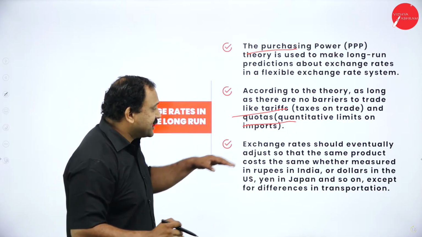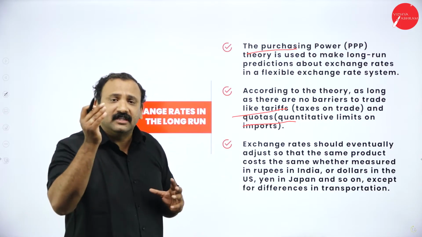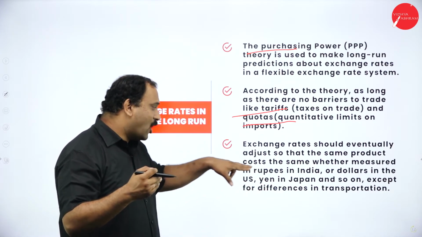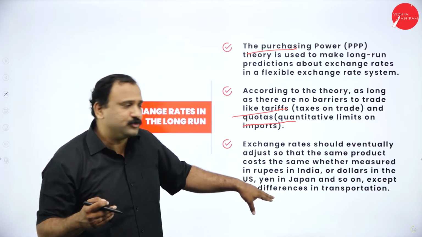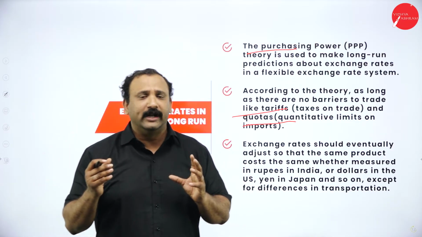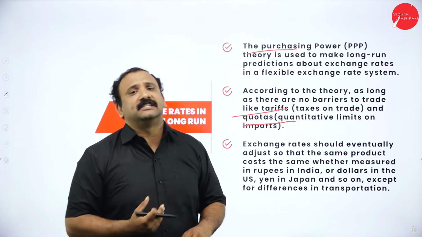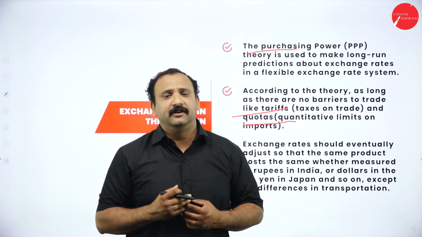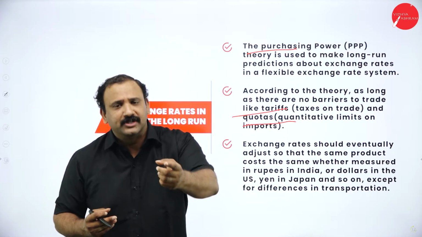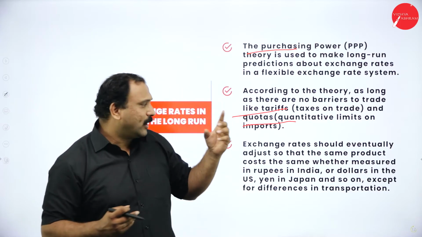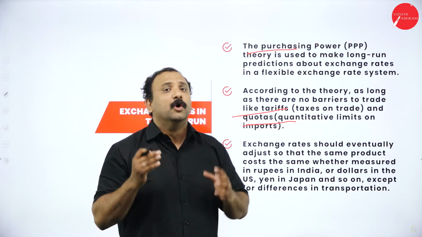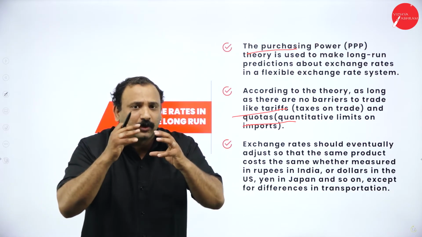Next, the exchange rate should eventually adjust on the same product, because whether you measure the product in India, in dollars, or in Japan using yen, except for the difference of transportation which is not included, almost the price will be the same. Now what I am trying to tell here is that whether you buy the product in India, in the US, or in Japan, eventually the price of the product will tend to remain the same when you equate it.